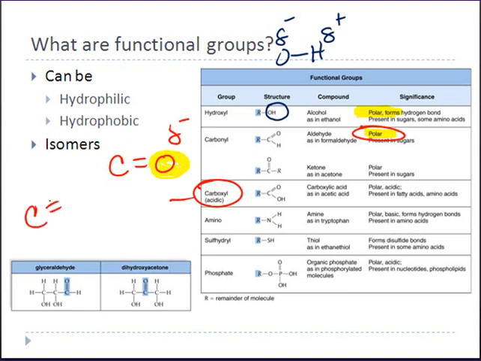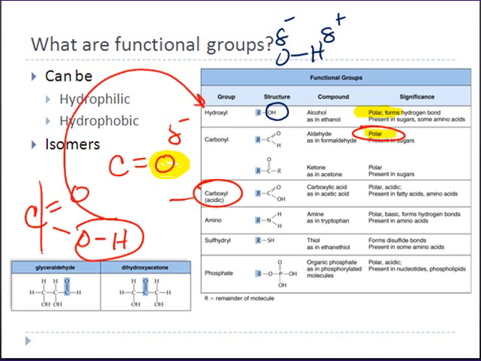This is when you have a carbon double bonded to an oxygen and then single bonded to an oxygen and a hydrogen. Remember again that this is called the hydroxyl group, but when we have it all together like this, we call it a carboxyl group. We see these very commonly in acids, and again, because we see oxygens bonded to hydrogen and we see oxygens alone, expect to see that this is a very polar molecule.